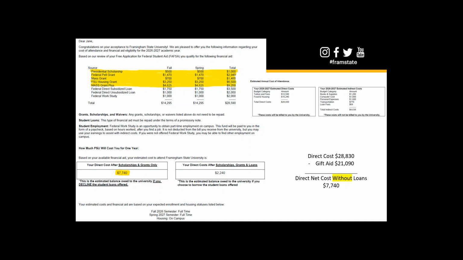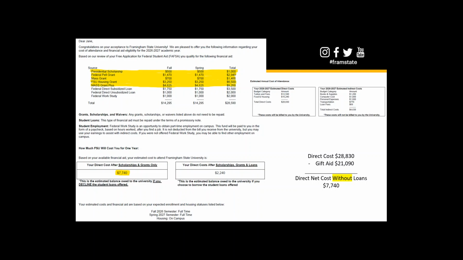So they received a presidential scholarship from admissions. They have a Pell Grant, a Mass Grant, a housing grant because they're going to be living on campus, and a Mass Grant Plus. So these are a combination of institutional, federal, and state gift aid.